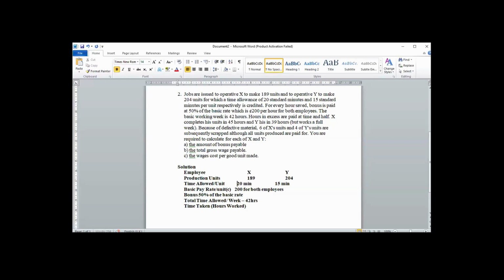Hours worked by each employee. What do we have? 45 hours for X, and Y is what? 39 hours.